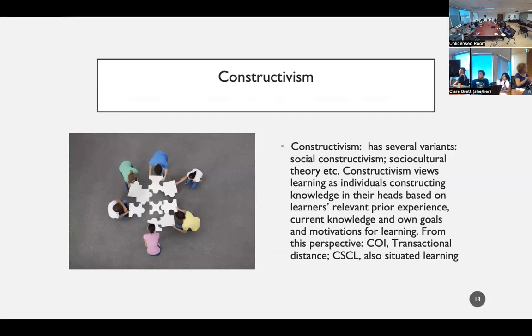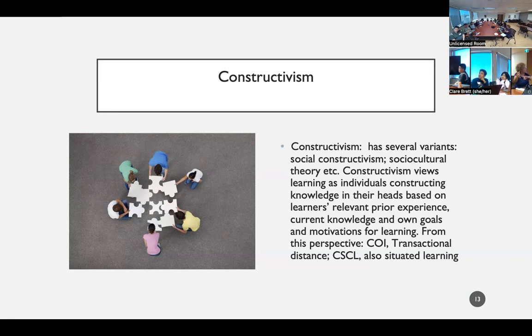So there's social constructivism, which emphasizes more the interactive part of how knowledge gets learned and brought into your thinking. Sociocultural theory is looking in more detail, more sociological, if you like.